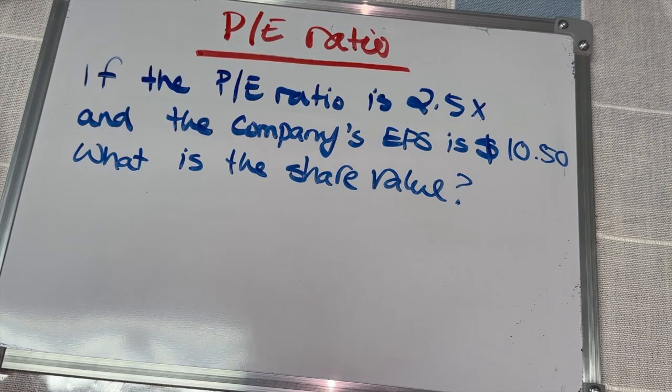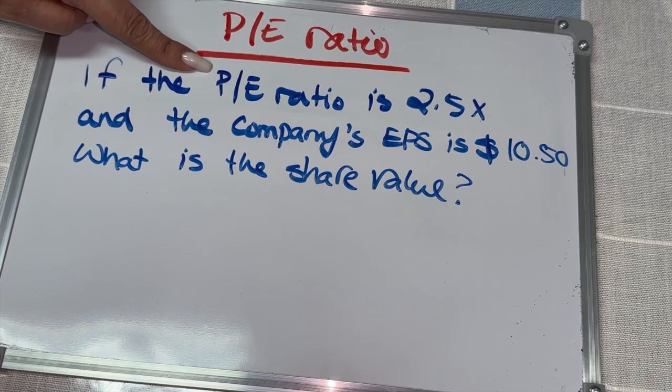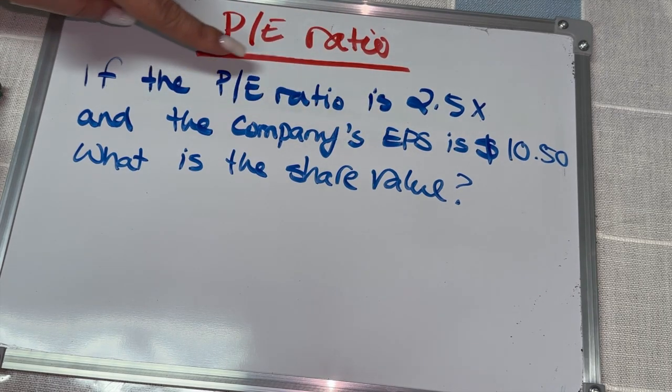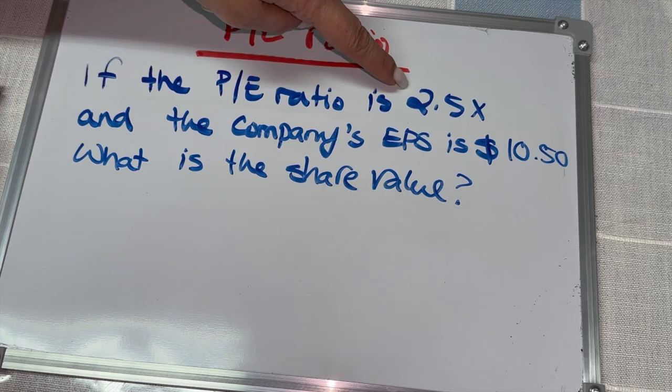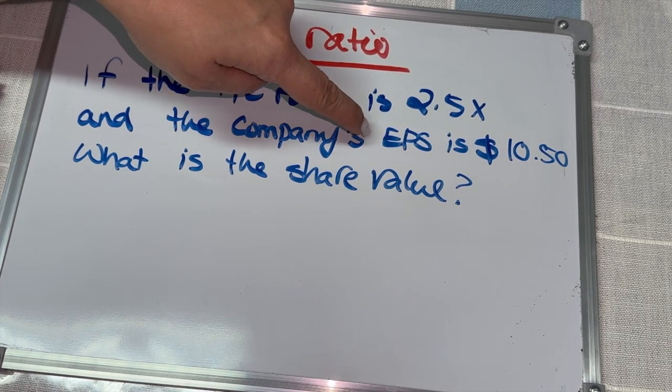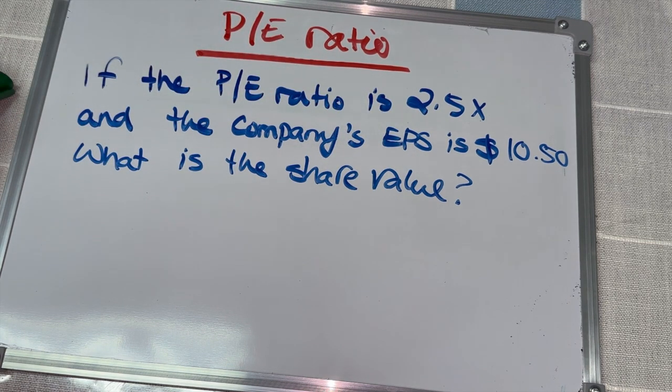So for the final valuation method, what is the PE ratio? This is calculated when we do not have dividends. So what happens is that you are given a PE ratio for your industry sector and you are given the earnings per share for your company. So in this case, if the PE ratio is 2.5 times and the company's earnings per share is 10.5, what is the share value?